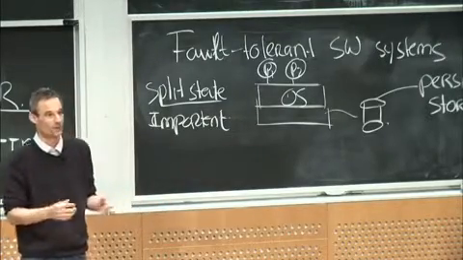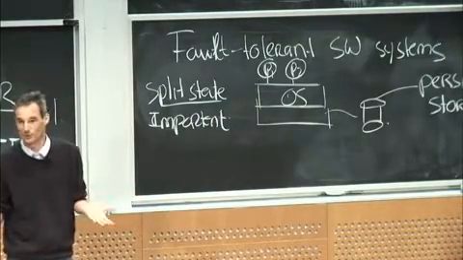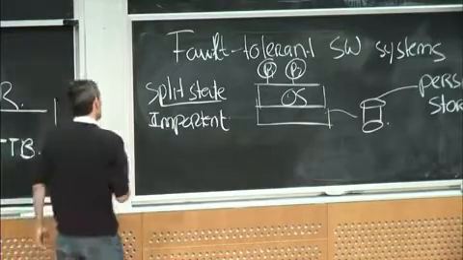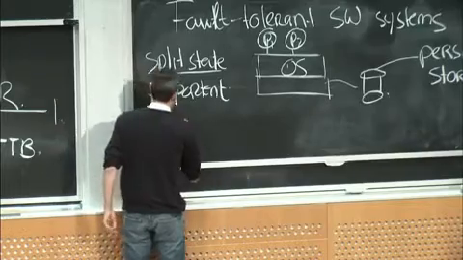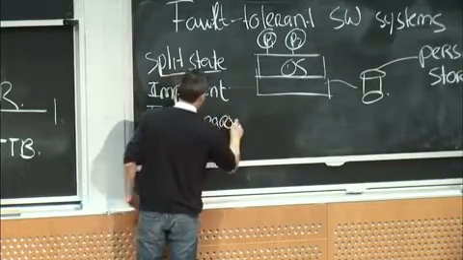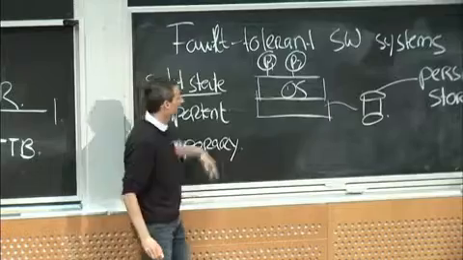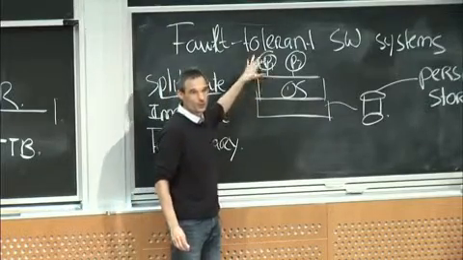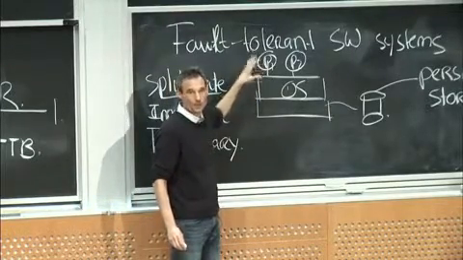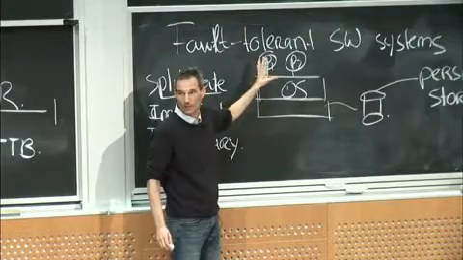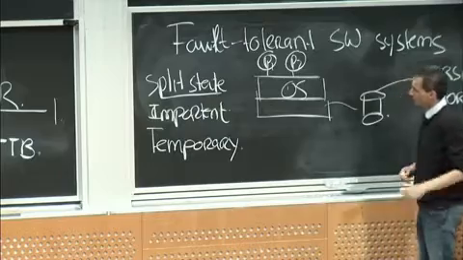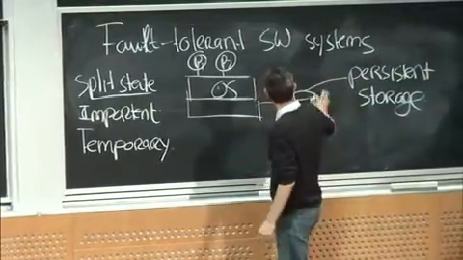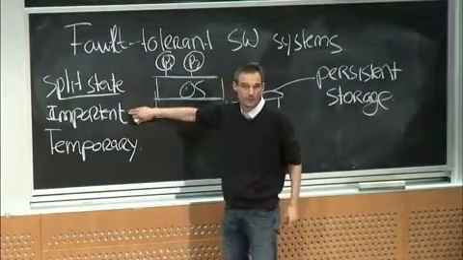It'd be pretty annoying if every time you had a power failure, all your files were gone. And then the temporary state, that may be necessary to run the computation, like the intermediate state of registers or whatever, is not crucial in terms of surviving a power failure. For this stuff, it doesn't really have to be on the disk, but this stuff actually has to be on disk.